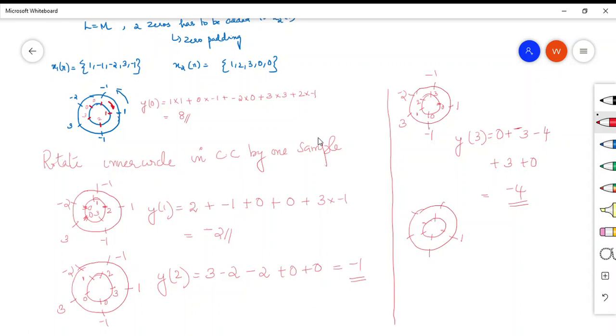So this is 1, minus 1, minus 2, 3, minus 1, and now this is 0, 0, 3, 2, 1. Now what is y of 4? y of 4 will be equal to 0 plus 0 minus 6 plus 6 minus 1. So the answer is minus 1.